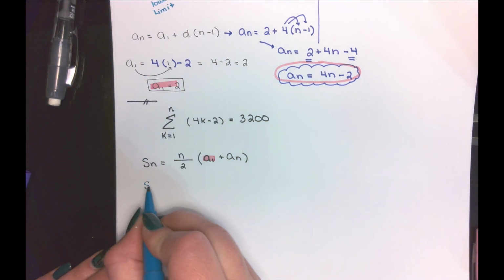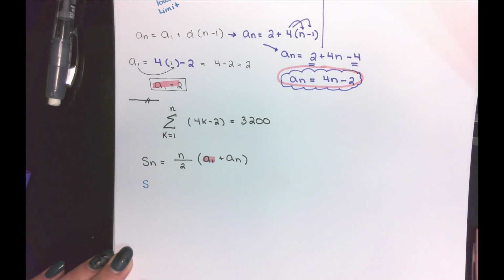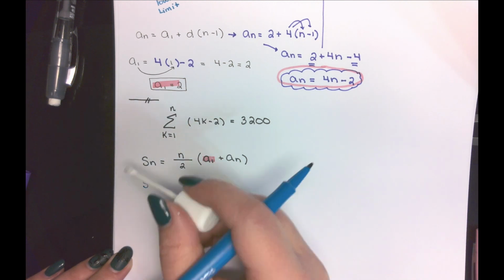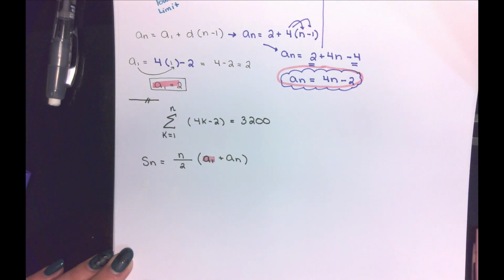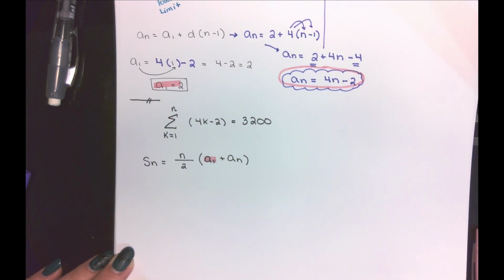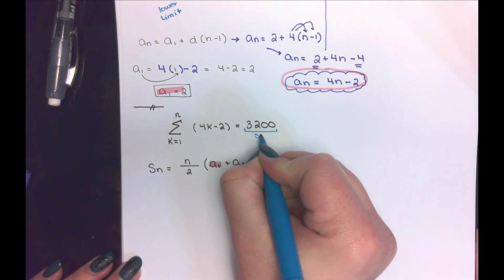S sub n, let's erase that because we do know what a sub n is. I keep saying, I apologize, it's S sub n, the sum of the terms. The sum of the terms is this guy right here, S sub n.